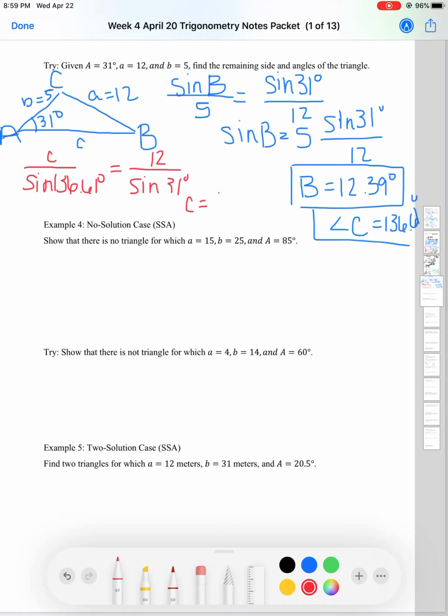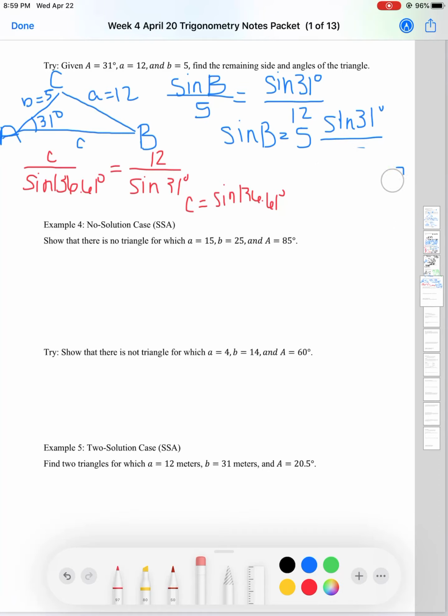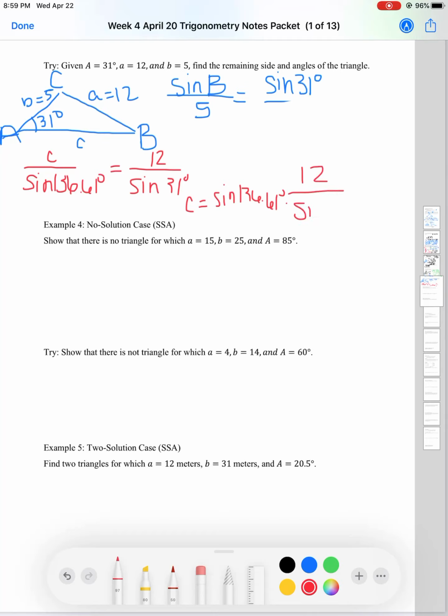So we get C equals sine 136.61 degrees times 12 over sine 31 degrees. Put this all in your calculator, and you should get that C is equal to about 16.